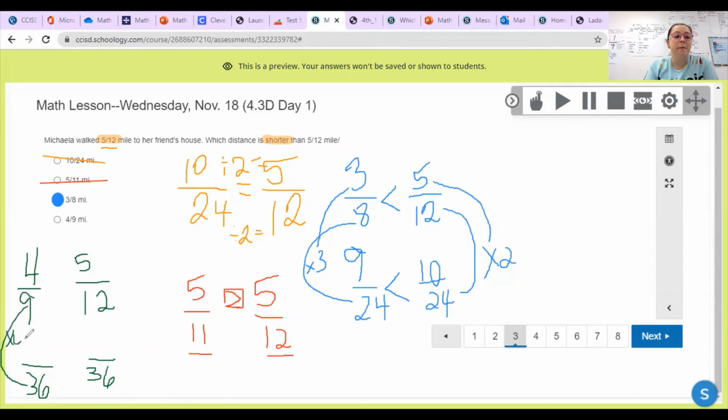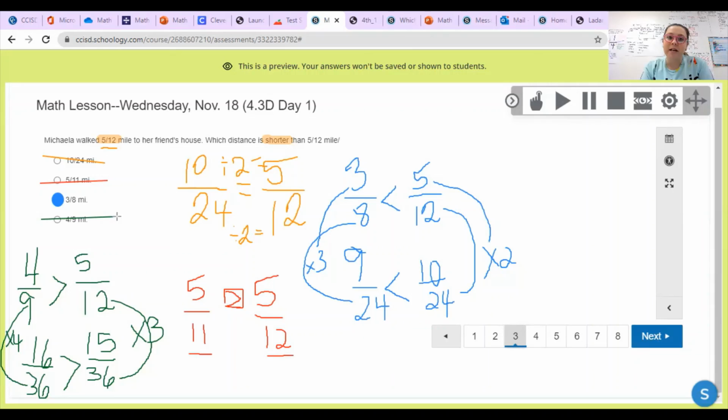So I have to multiply my numerator by 4, and that gives me 16. On this side, I do 12 times 3 to get to 36, which means I have to multiply my numerator, and so 5 times 3 is 15. I can see that 16/36 is greater than 15/36, which also means that 4/9 is greater than 5/12. And therefore, that one could not be our answer either.